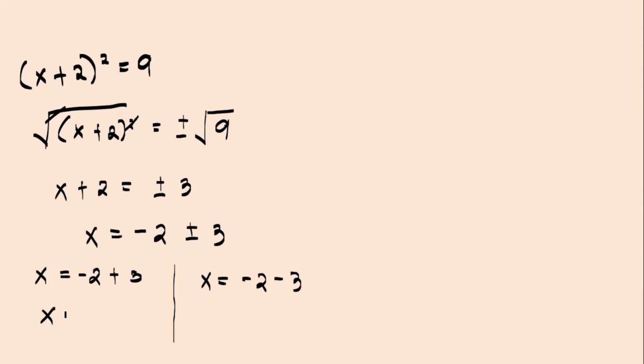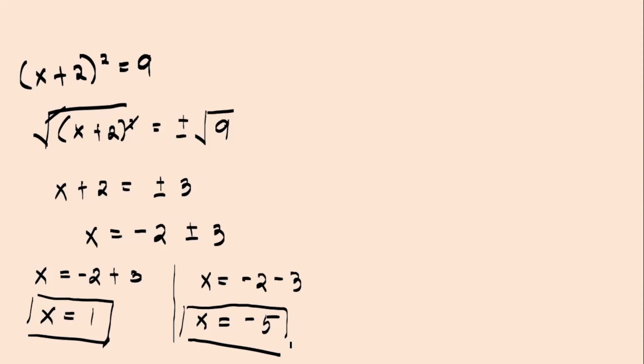And that is equal to x, negative 2 plus 3, that is positive 1. And negative 2 minus 3, that is equal to negative 5. So these are the solutions or the roots for this given equation.